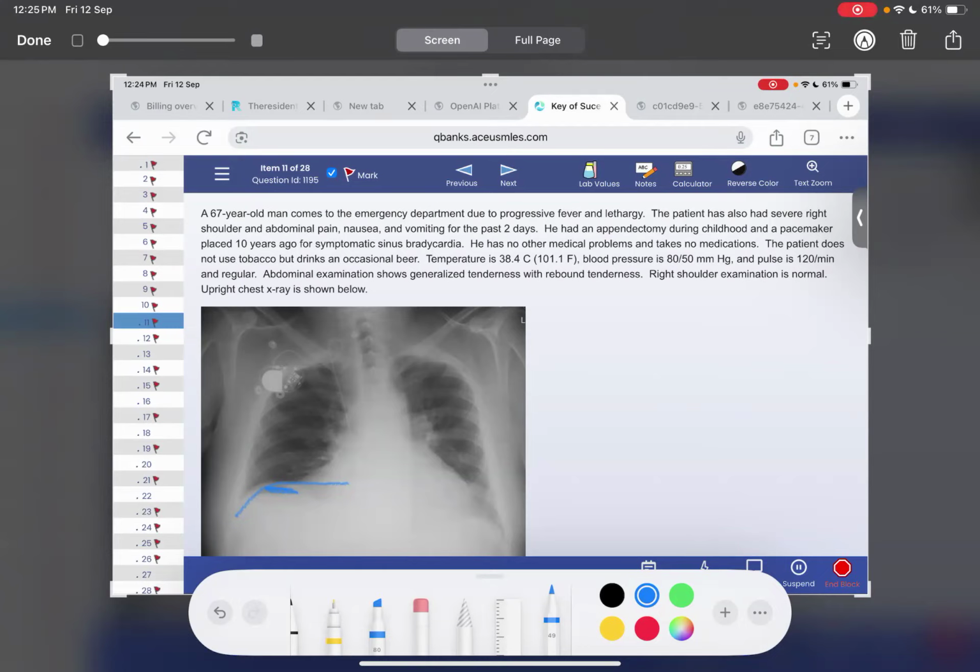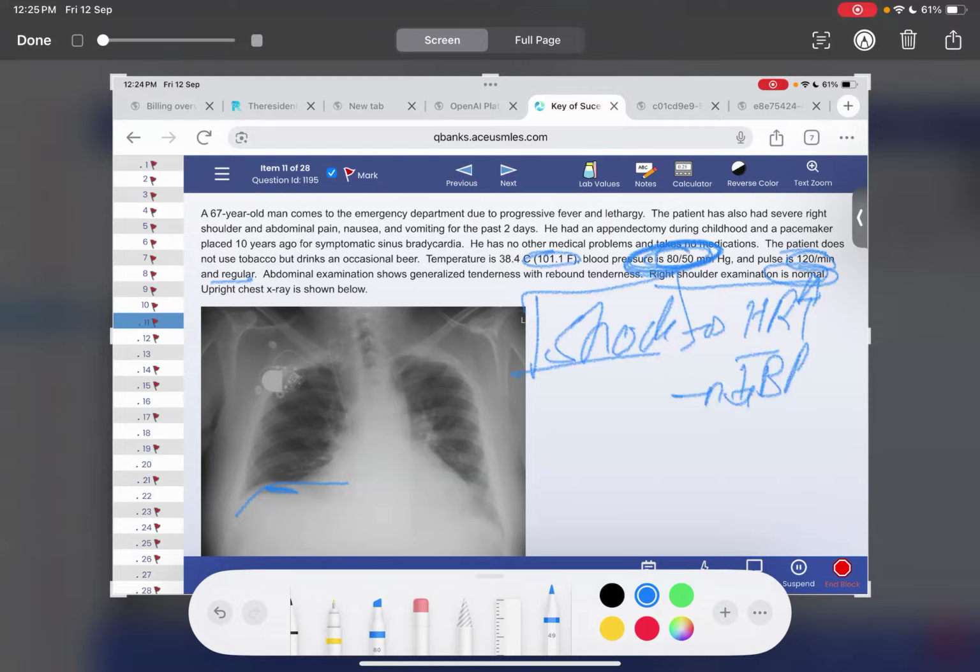The right shoulder examination is normal, and there is a medical history. The temperature is high and the patient is going into shock. In shock, first see the heart rate. It is high, and the blood pressure is decreased. The patient is in shock.